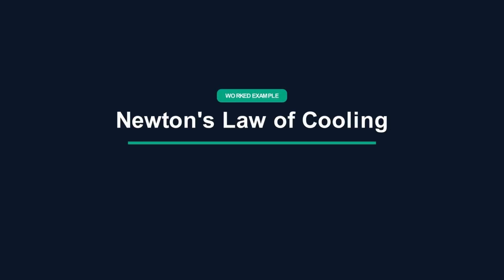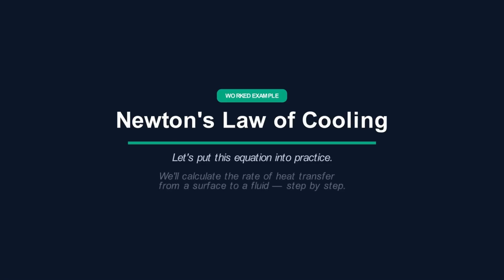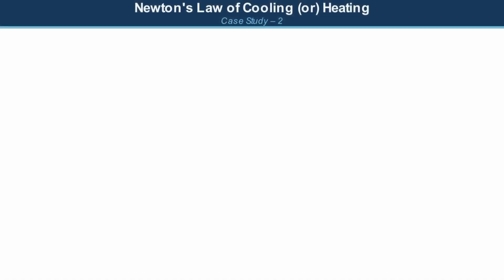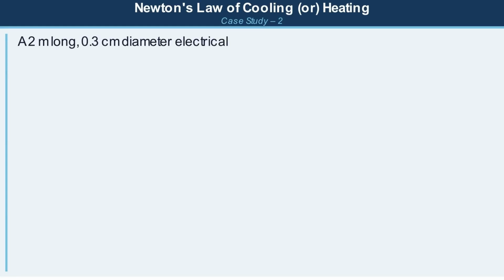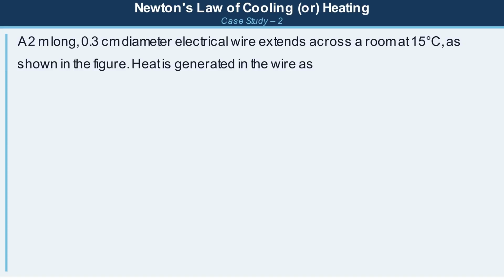In this example, we'll apply Newton's law of cooling or heating to calculate the rate of heat transfer through a material, step by step. Let us read through the problem statement. A 2-meter-long, 0.3 centimeter diameter electrical wire extends across a room at 15 degrees Celsius, as shown in the figure.